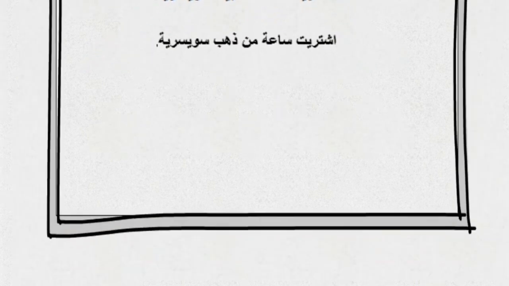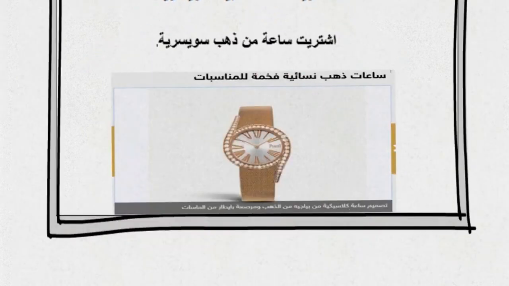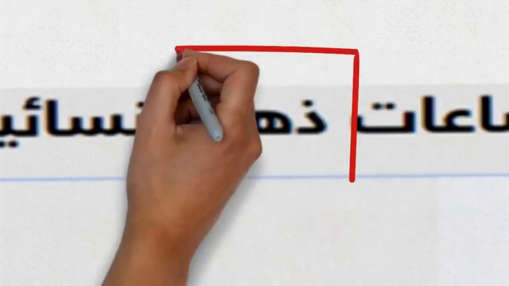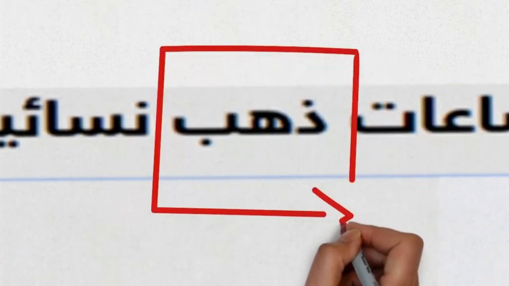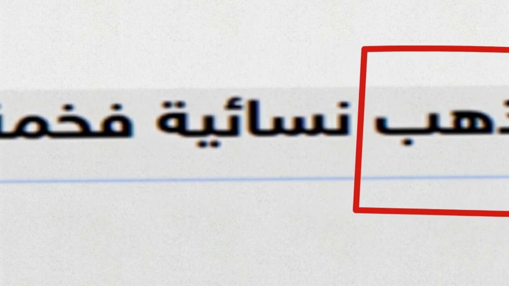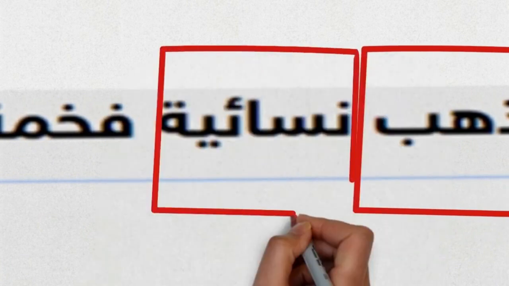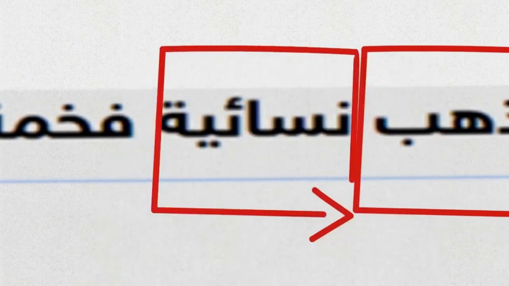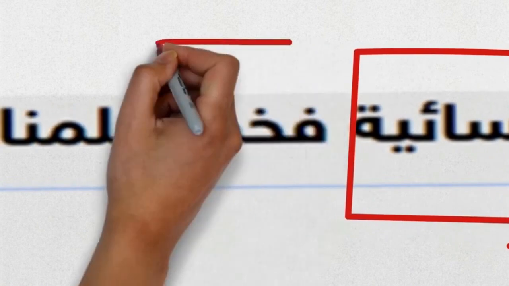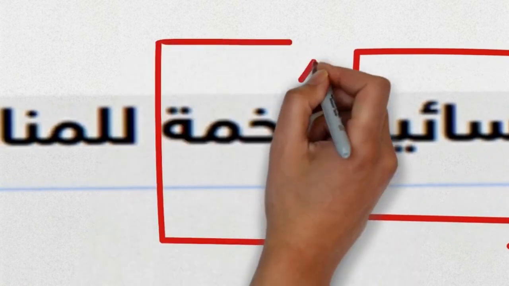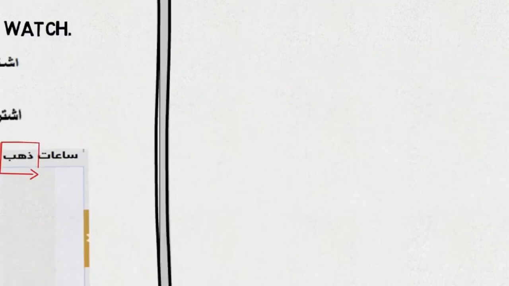This can be found in today's Arabic commercials, as in this picture, where three adjectives modify the word ساعات, watches. The word ذهب, golden, نسائية, women's, and فخمة, top shelf or high-end or upscale. In Arabic, we may overlook that order of adjectives without any loss of meaning.